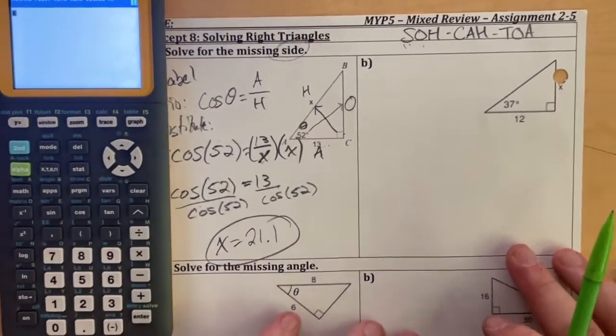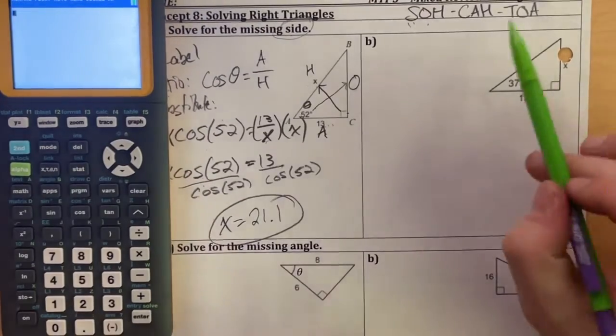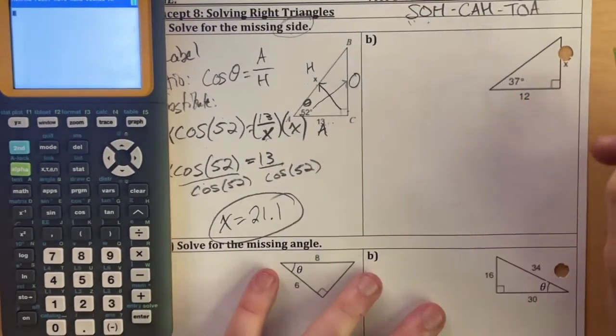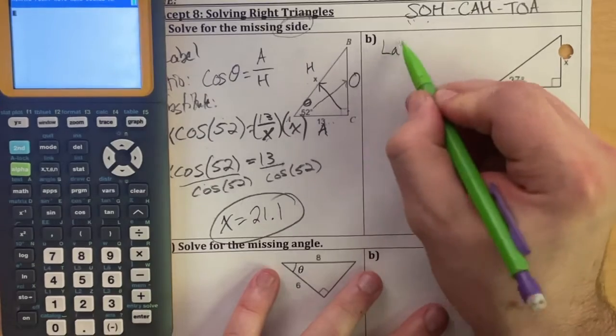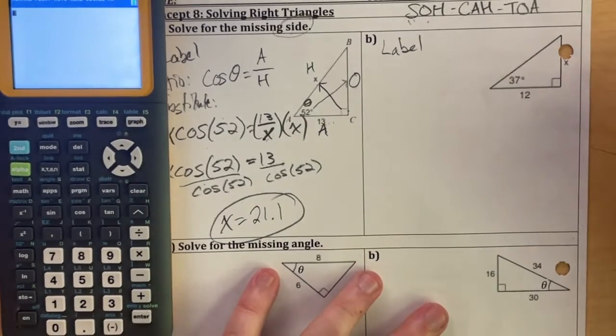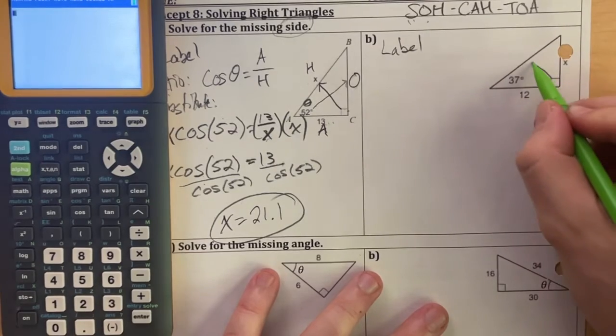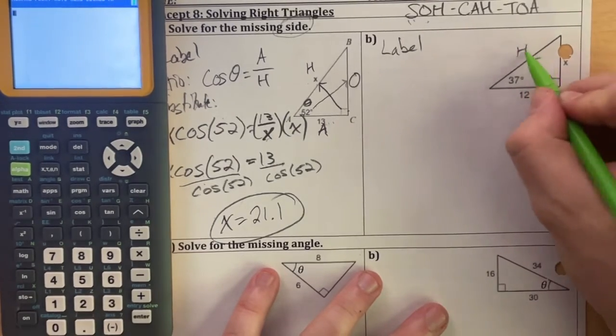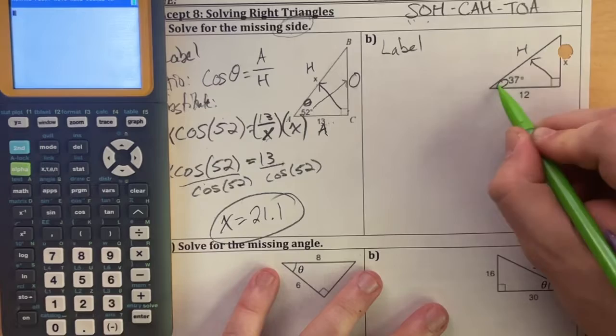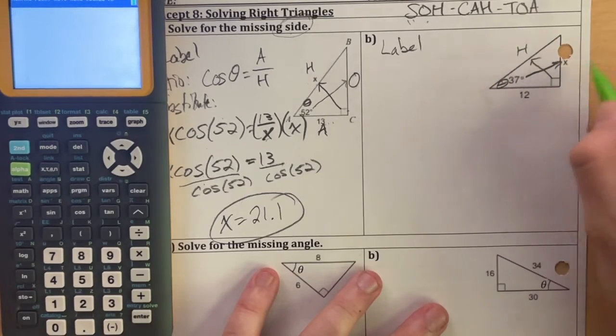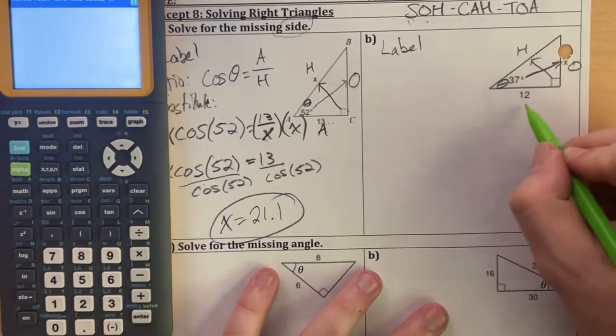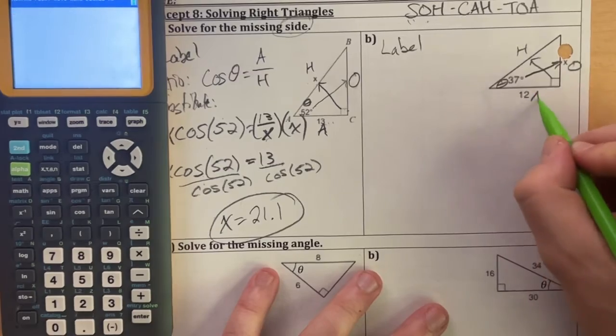All right, and then for that part B, still using the Sohcahtoa, I can first label my values that I have. So I'm going to say, all right, the side opposite of the right angle is hypotenuse. This is angle theta. Opposite of theta is called opposite O, and adjacent is going to be 12.